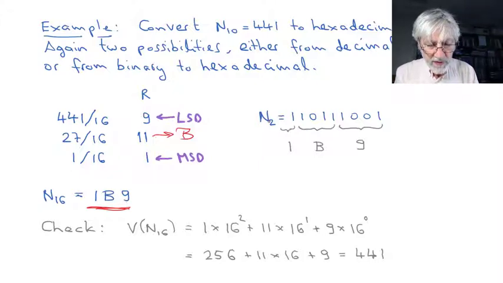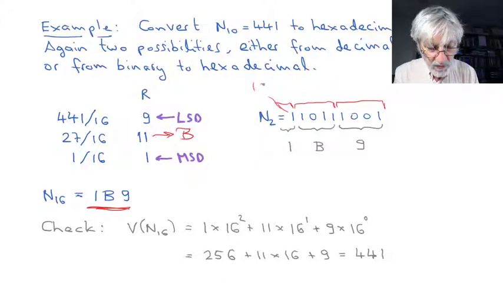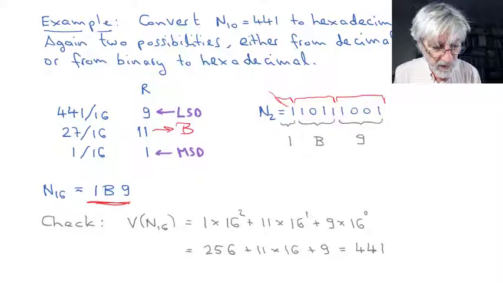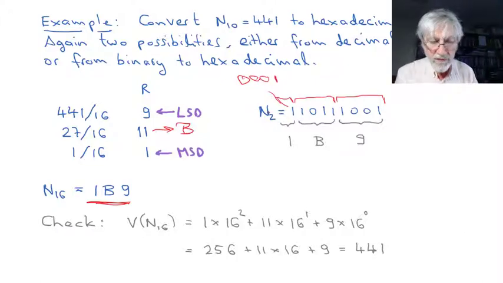And if we do this directly from the binary number that we have already, we partition into groups of 4 bits. And at the end we have just a single 1 here, so we convert that not into the 1 0, but into a 0 0 0 1. So we just extend to the left with zeros.